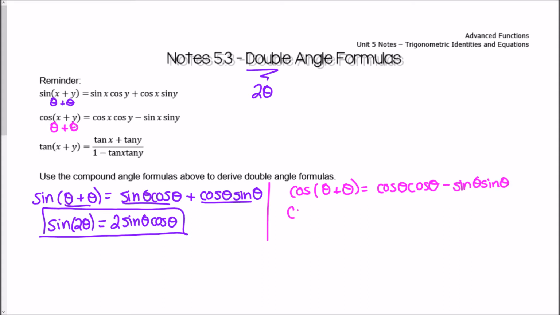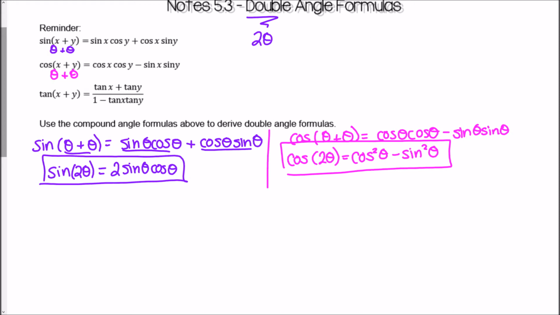So what we're going to do here is say cosine 2 theta is going to equal cosine theta times cosine theta is cosine squared theta, and sine theta times sine theta is sine squared theta. So we've derived our formula for cosine of 2 theta, okay? But there are other formats for cosine of 2 theta that we can write here that will also work.